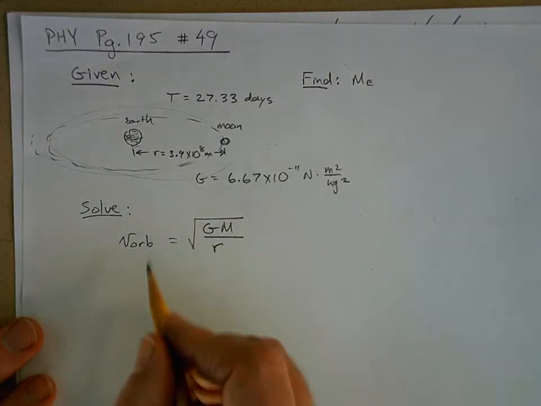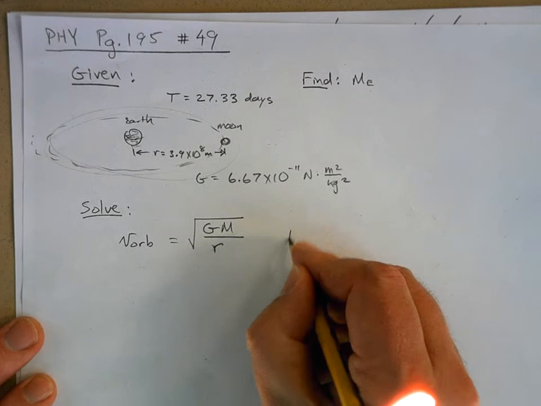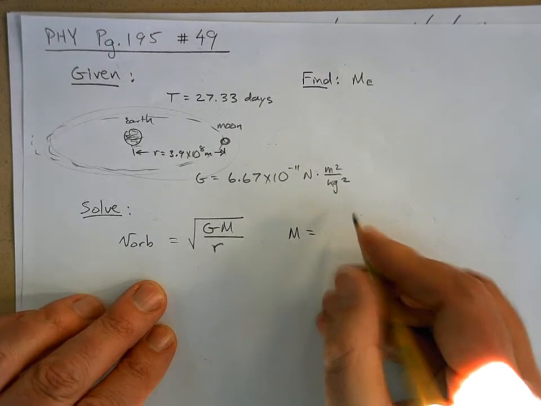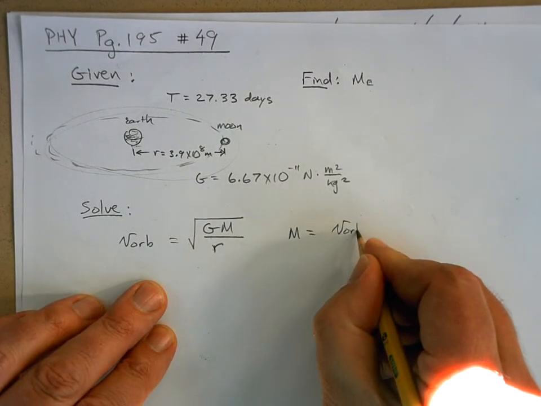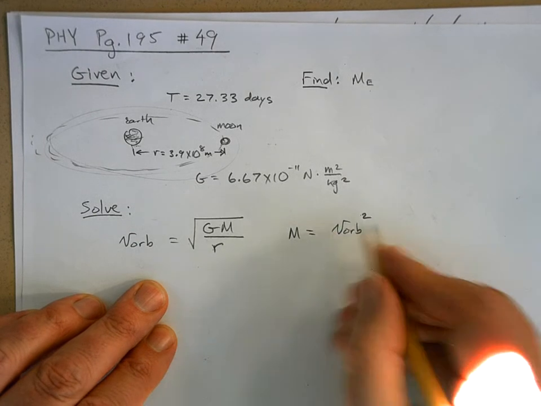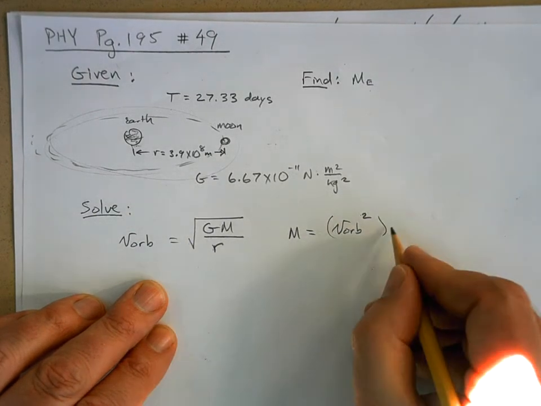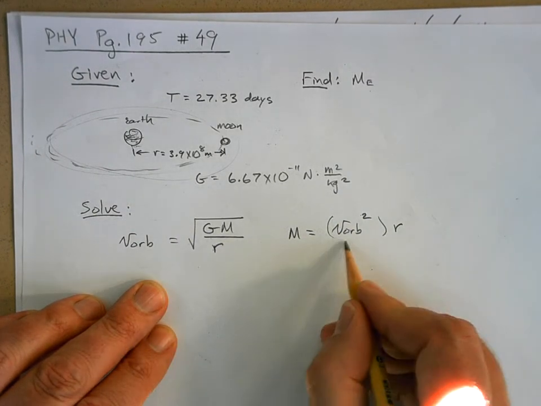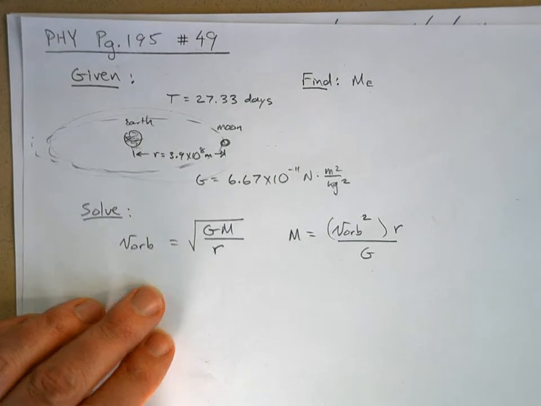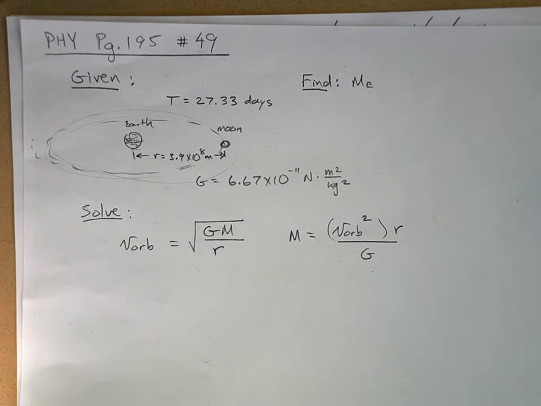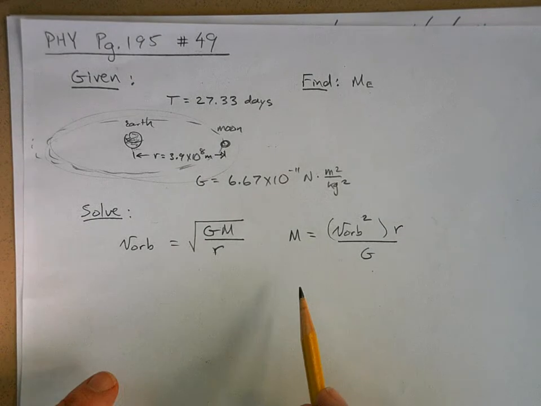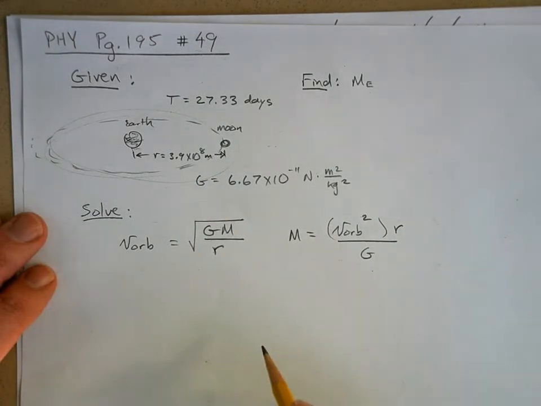Well, we need to figure out, so we can solve for the mass of the Earth, square both sides, so that's the orbital velocity squared, times r divided by g. Okay? Can I explain how I just did this? Okay. Let's do every algebra step.